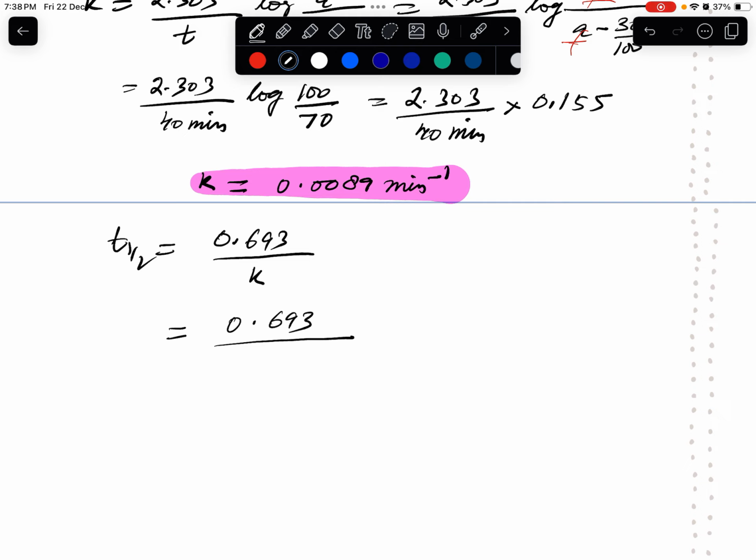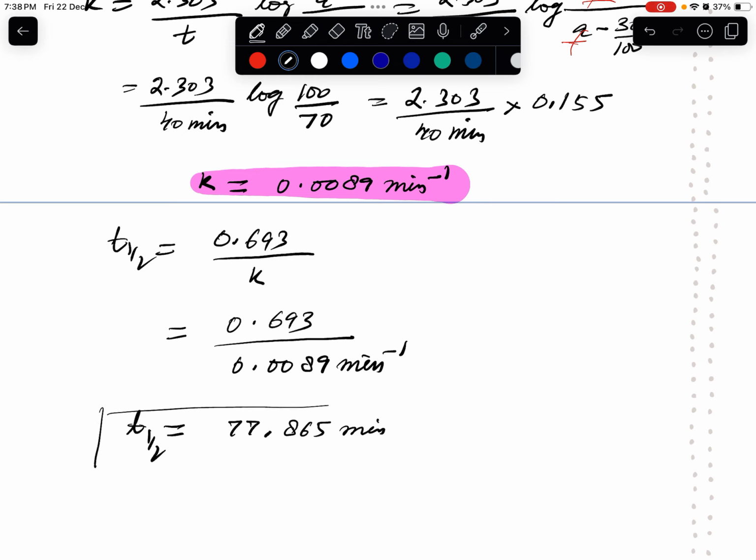So we are putting the value of K, which is 0.0089 per minute, and after division we'll be getting the answer as 77.865 minute. This is T half. So this is your answer.